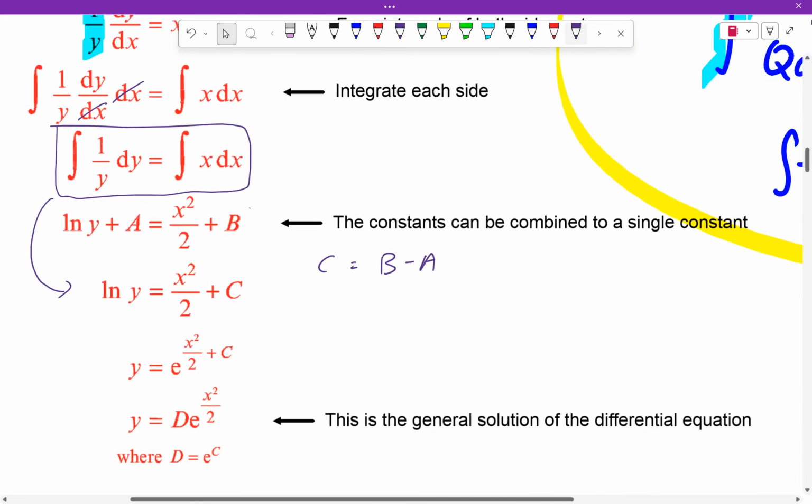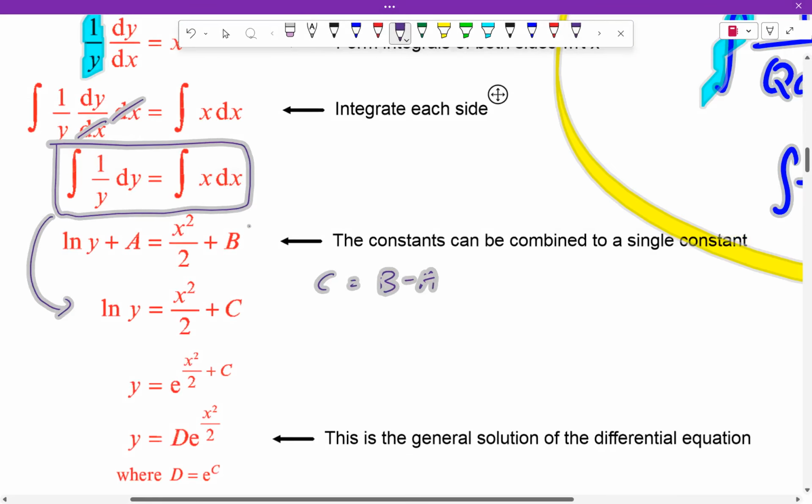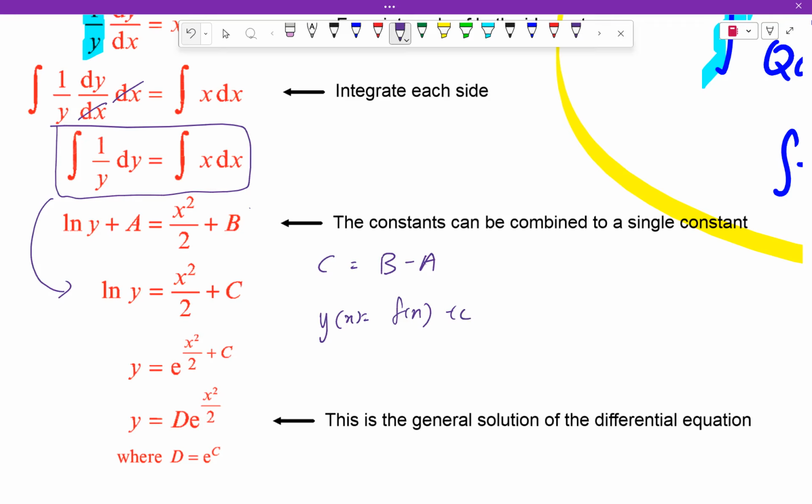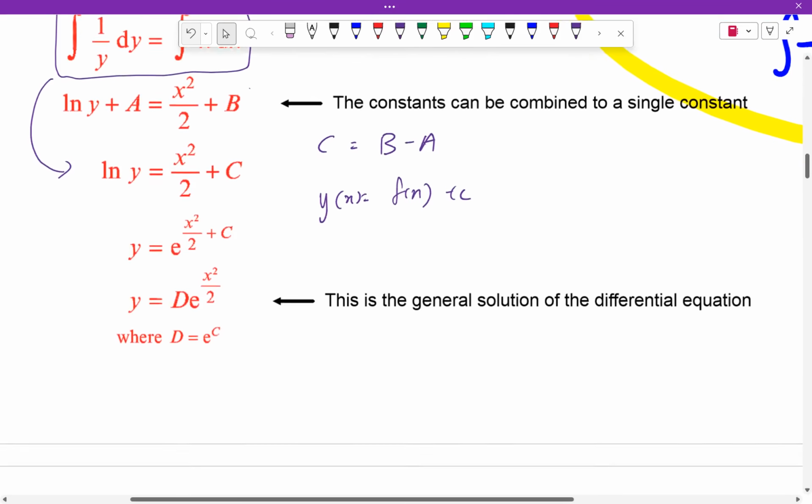And then after that, we have to solve for y such that our final general solution must be y(x) equals to a function, any function, and then we've got plus c or whatever. Again, for the general solution, there are a lot of ways to represent it.